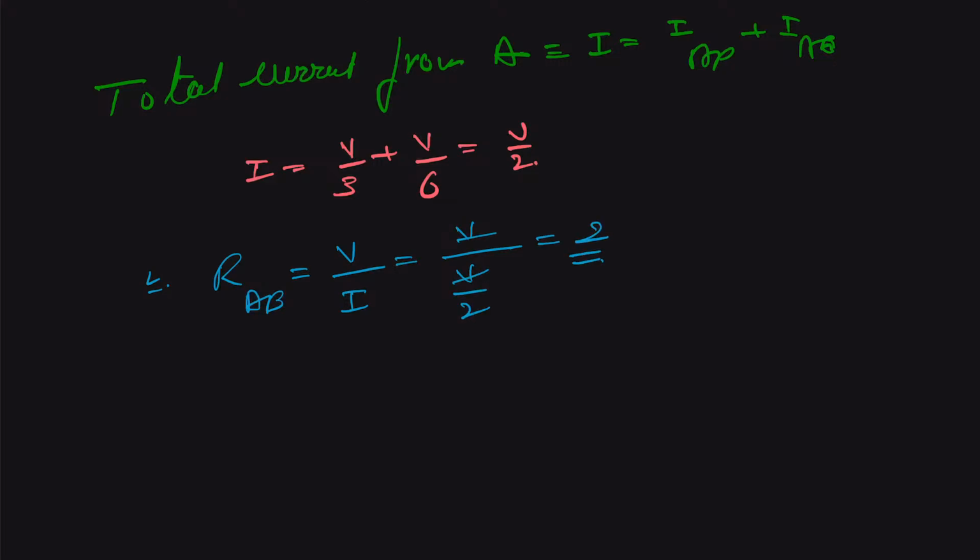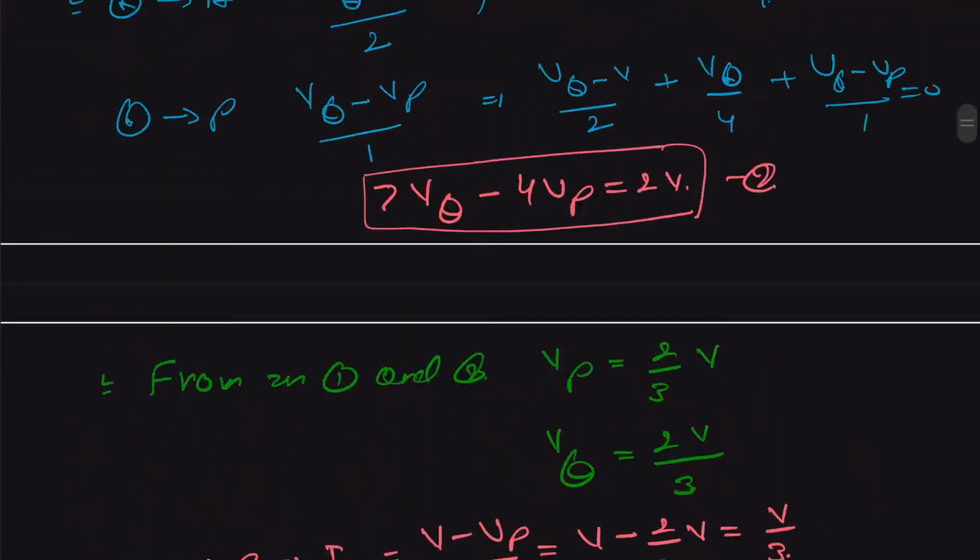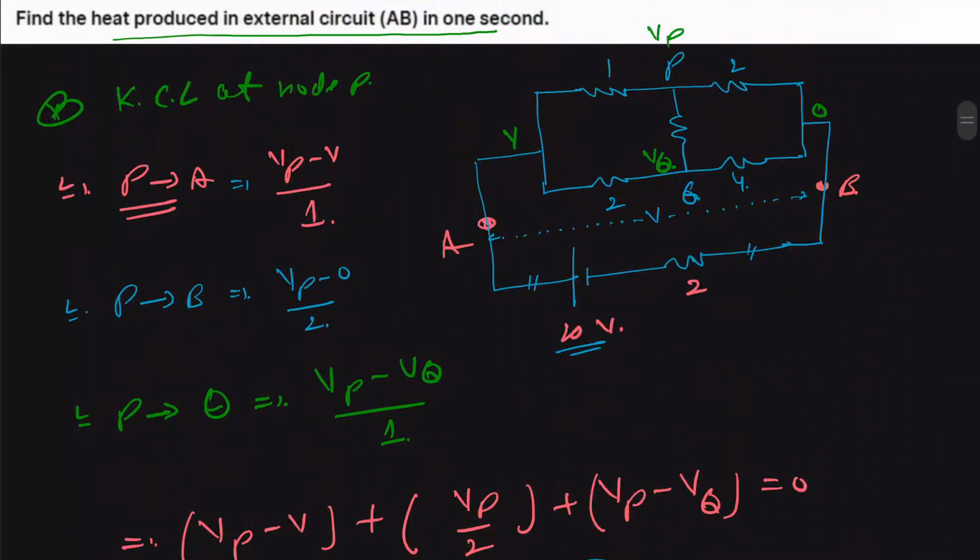So please remember, in this circuit we have modified it slightly. We have connected a hypothetical voltage source V between A and B, and for the time being we have just ignored it, and based on this we were able to find out the equivalent resistance of this entire circuit, which came as 2 ohm.